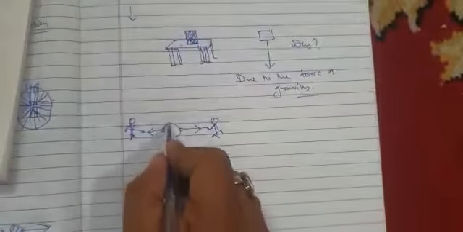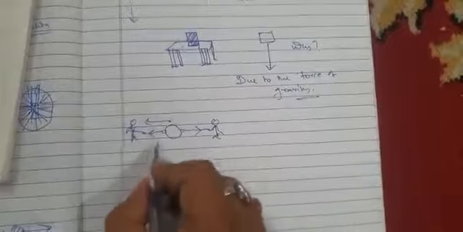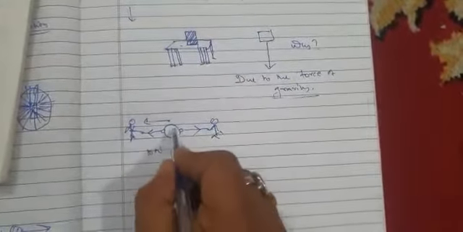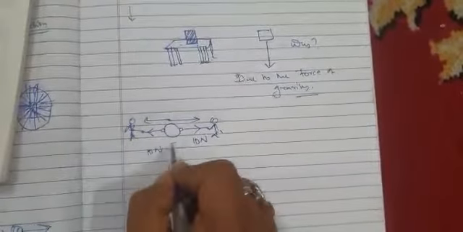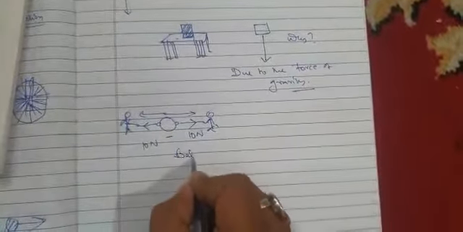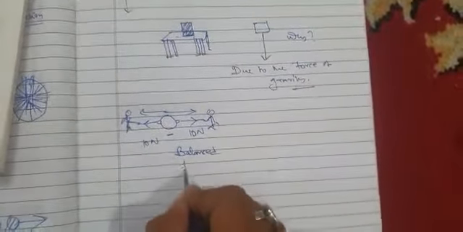If this boy is applying 10 Newton force, and this boy is also applying 10 Newton force, will the ball move? No. These are known as balanced forces. Whenever balanced forces act on any body, the body remains at rest.